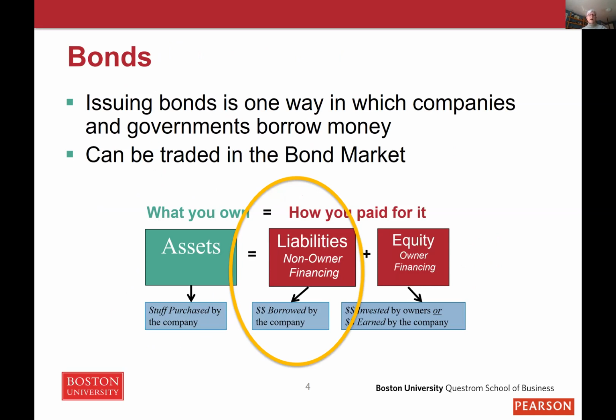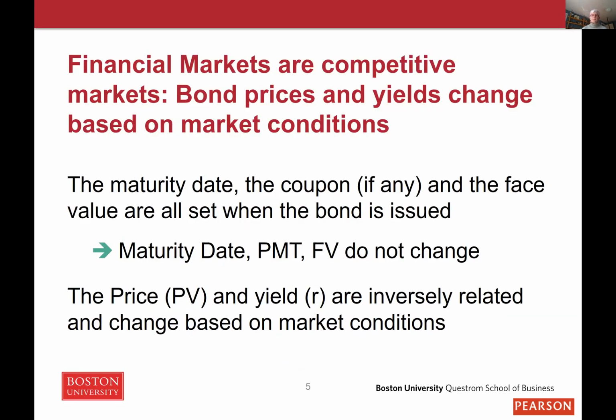Think about the diagram we did last week: you have everything you own, and the other side of your balance sheet is how you paid for it, with a mix of owners putting their money in and borrowing money. Bonds are one of the ways in which you can borrow money.